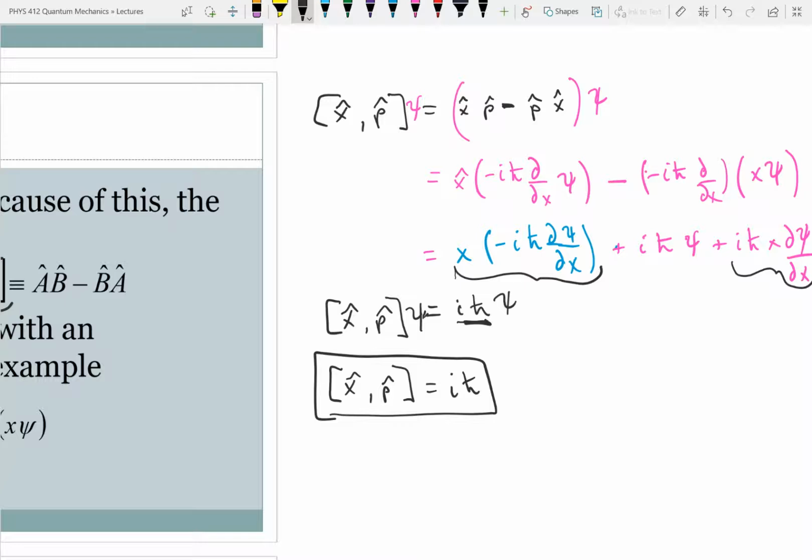What that means is they share the same set of eigenstates, eigenfunctions, the same set of steady-state solutions. We haven't really talked about the terminology of the eigensystem, so using those terms is a little troubling, but they share the same solutions. You can freely exchange the order in that case. If they commute, you can change the order. If they don't commute, you have to be very careful with the order.